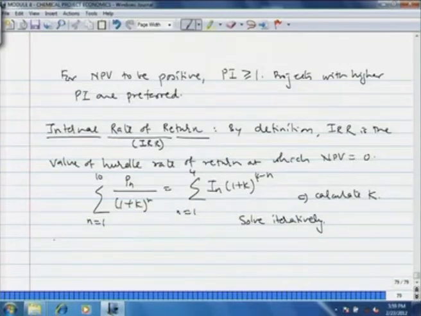Obviously, if the internal rate of return is greater than weighted average cost of capital, the project is attractive.